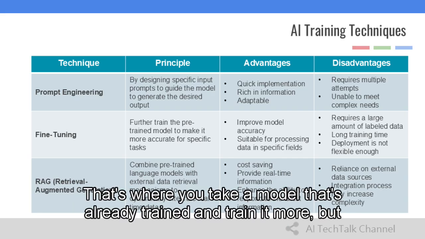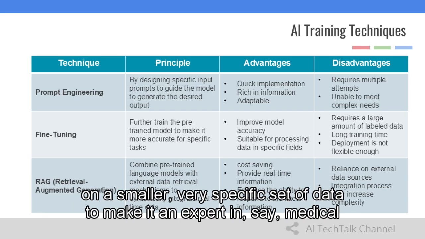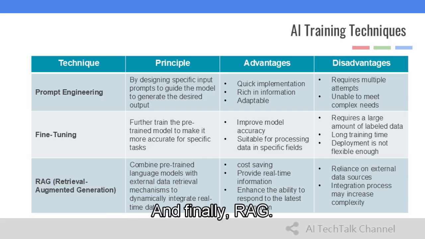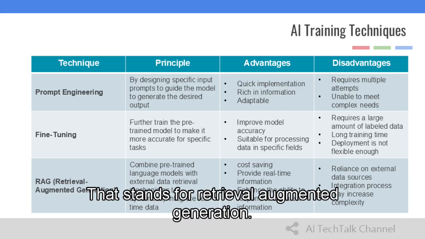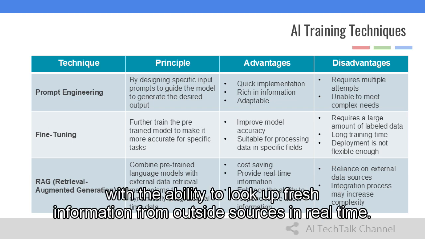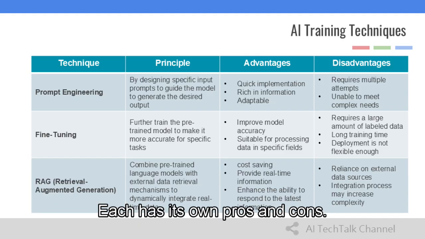That's where you take a model that's already trained and train it more, but on a smaller, very specific set of data to make it an expert in, say, medical language or legal documents. And finally, RAG. That stands for Retrieval-Augmented Generation. It's a really interesting approach that mixes the pre-trained model's knowledge with the ability to look up fresh information from outside sources in real time. Each has its own pros and cons.